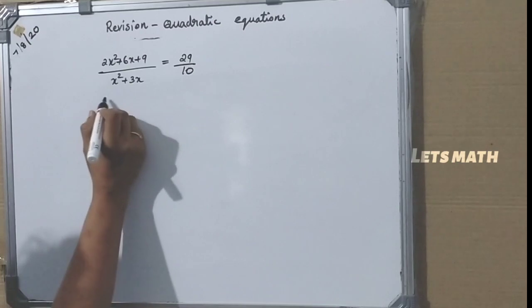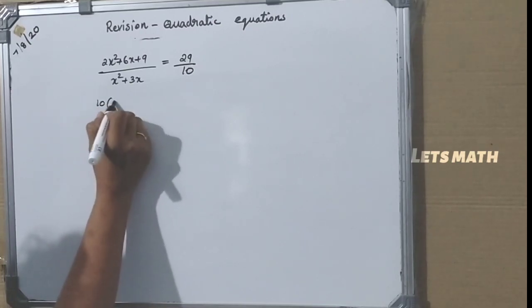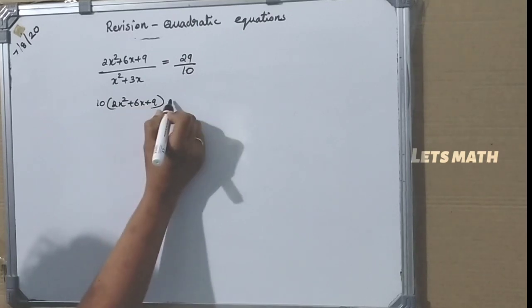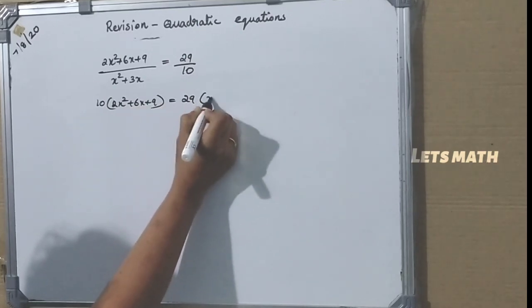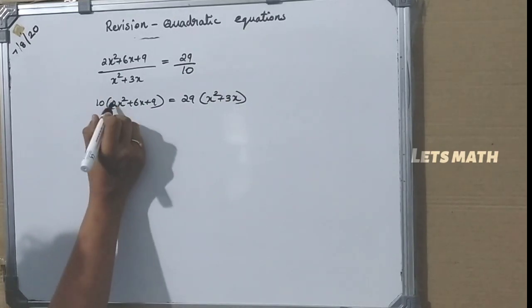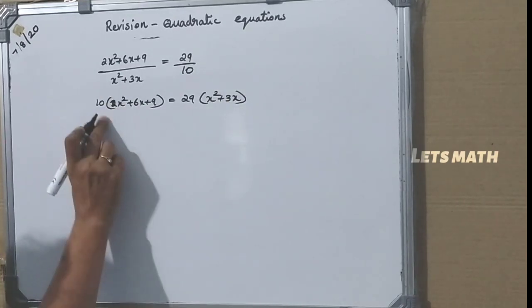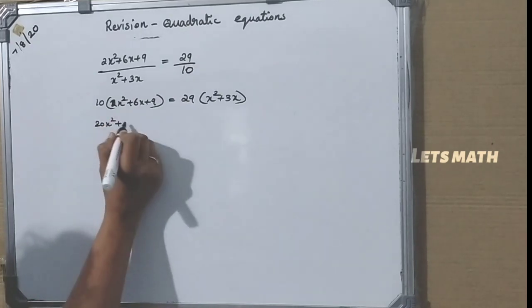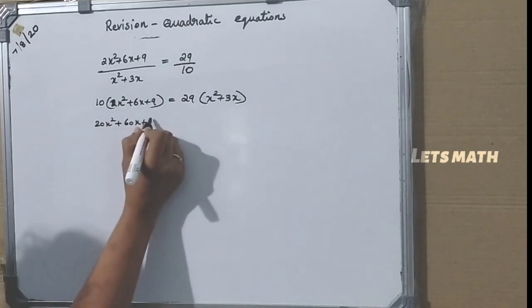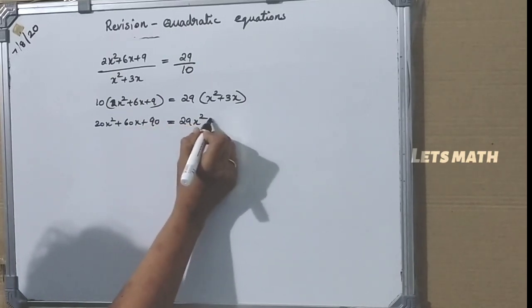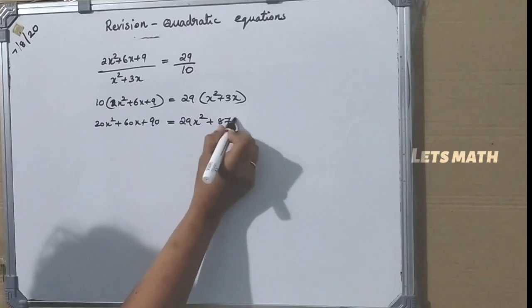Now again cross multiply. 10 into 2x square plus 6x plus 9 equal to 29 into x square plus 3x. Again we remove the bracket by multiplying with the 10. So 20x square, 10 into 6, 60x plus 90 equal to 29x square plus 87x.